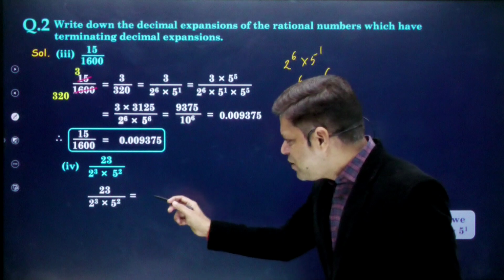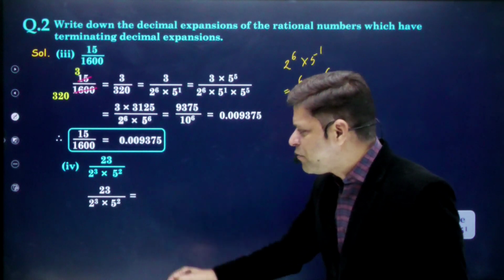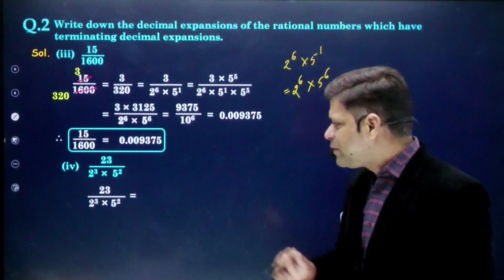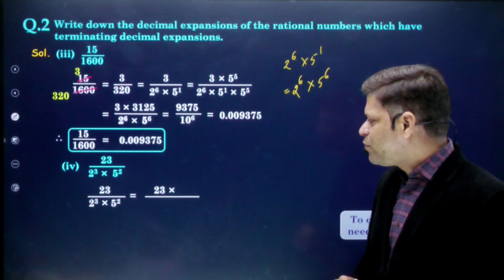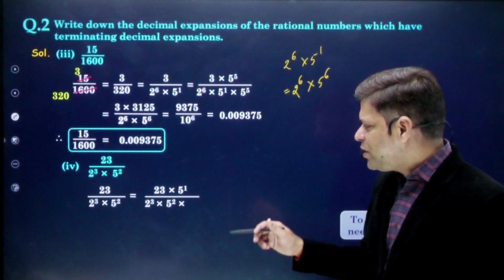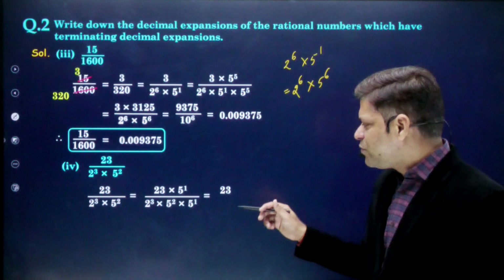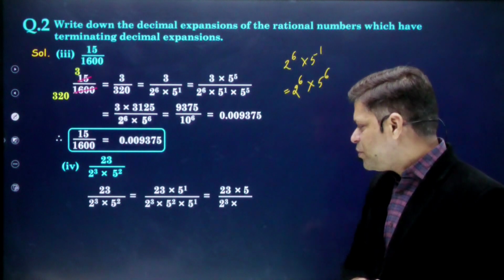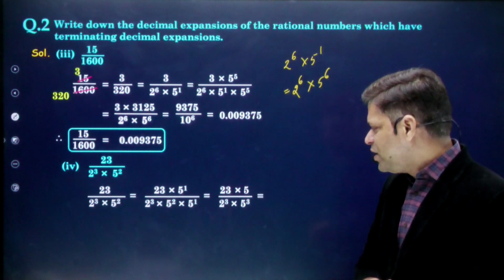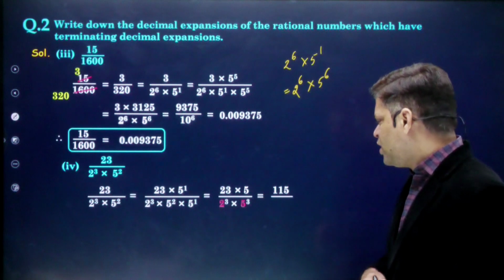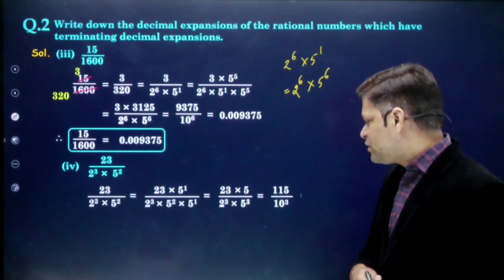Why? Because when we multiply by 5 raised to the power 1, both exponents will be the same. So it can be written as 23 multiplied by 5 over 2 raised to the power 3 into 5 raised to the power 3, and finally 23 into 5 is 115 over 10 raised to the power 3.